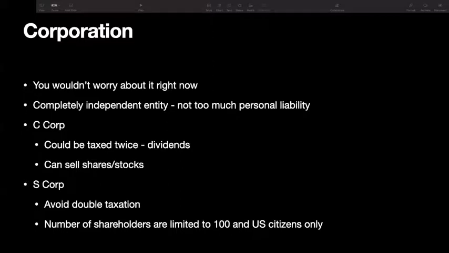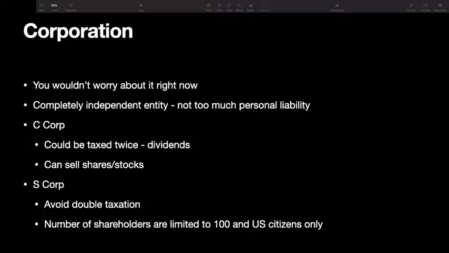So a corporate is an animal of itself. It's a completely independent entity. So it's not like the sole prop, not like the partnership, and not a hybrid like the LLC. This is a separate entity, and the owners or the CEOs of the corporate are not liable for the corporate risks usually.